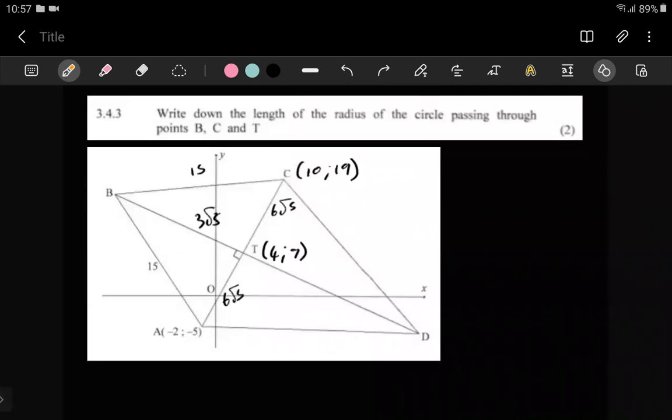That did not come out very well. So a circle passing through BCT would look something like this, you see.